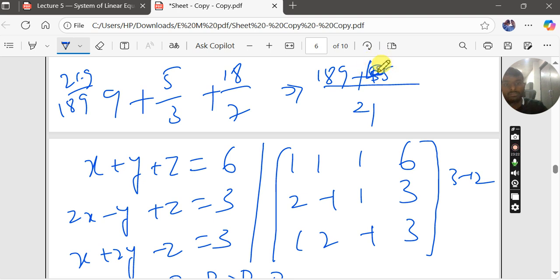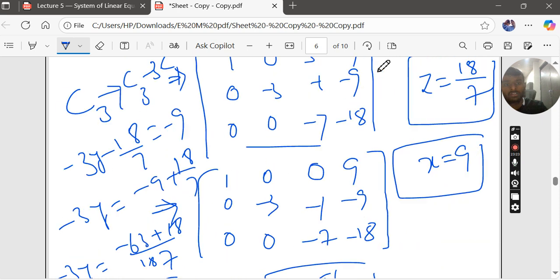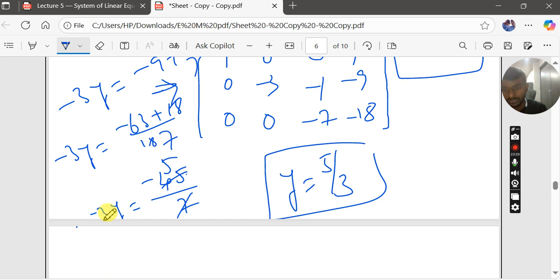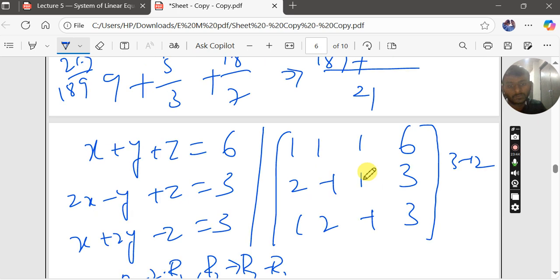Oh, we have made a mistake here. Minus 45 by 7 will be a multiple of 3, 15. So it's nothing but 15 by 7. Okay, y value will be 15 by 7.